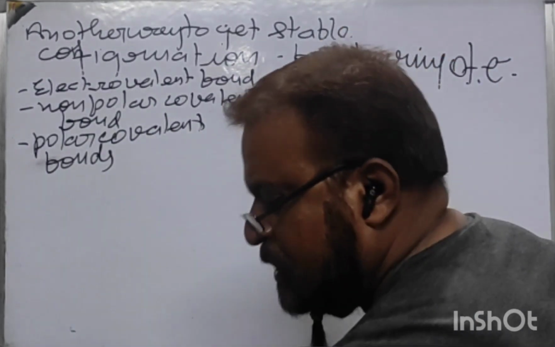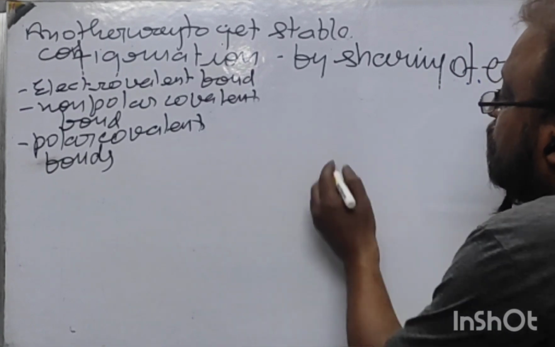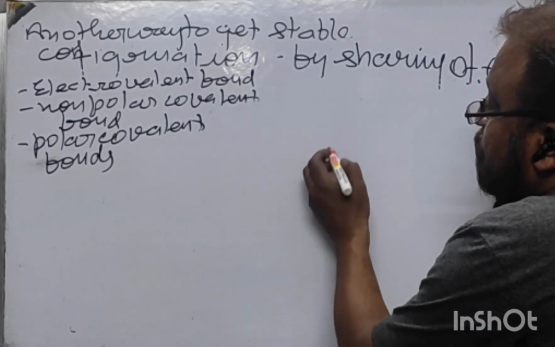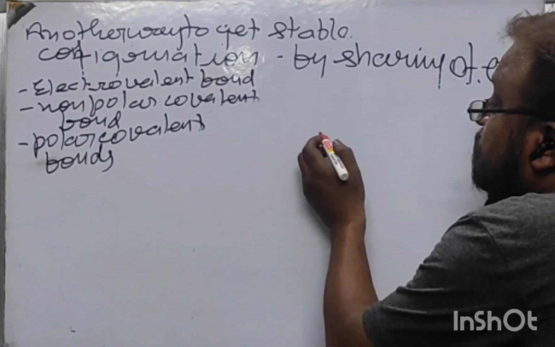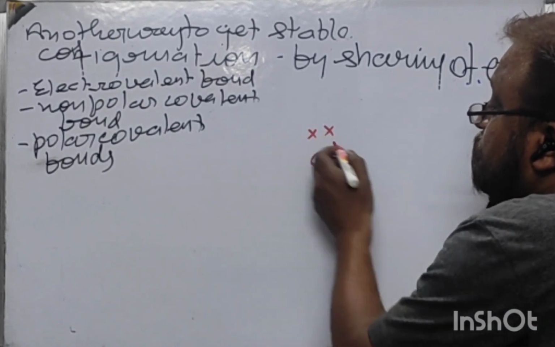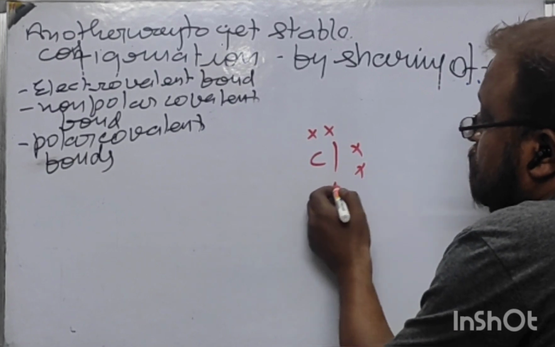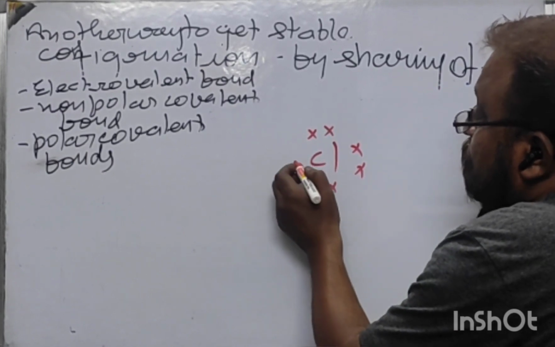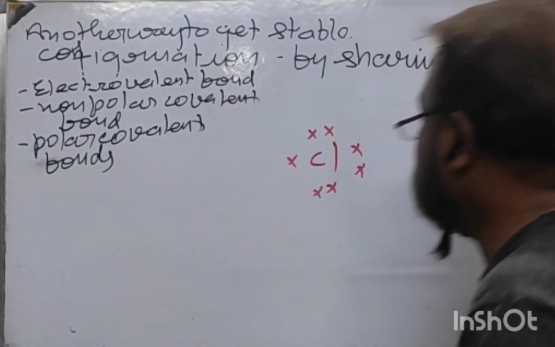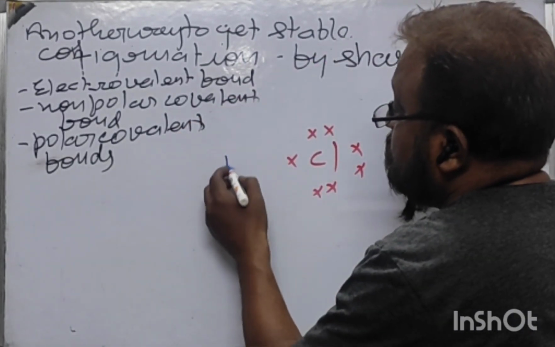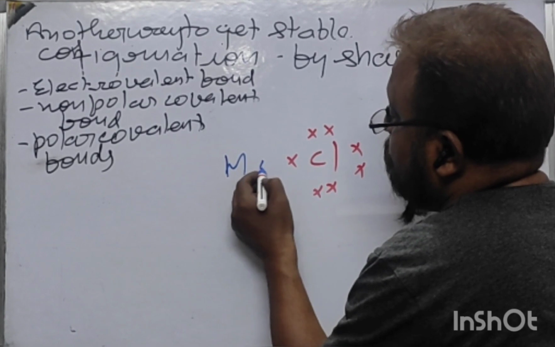So if we take chlorine, it has 7 electrons in its outermost shell, and hydrogen has only 1 electron.